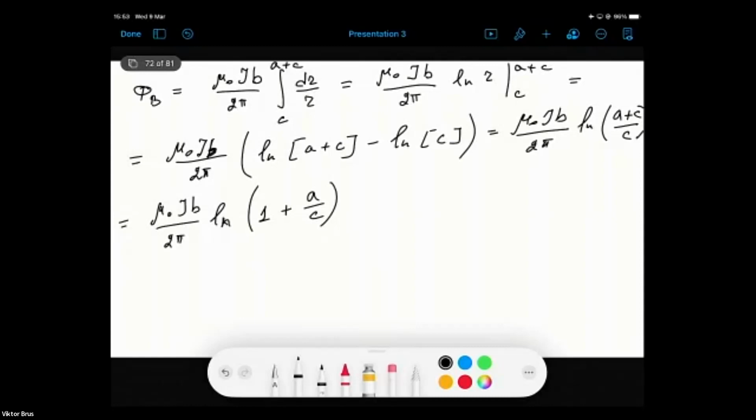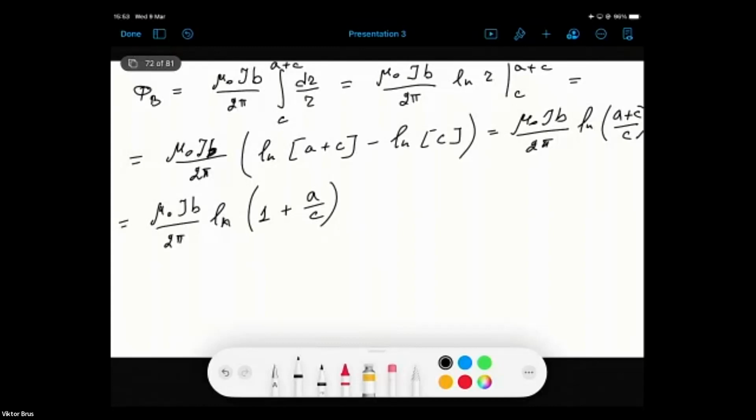However, we need to assume that the magnetic field is different at different points of the surface of this rectangular frame. So that is done by doing this integration, and this is the final result.